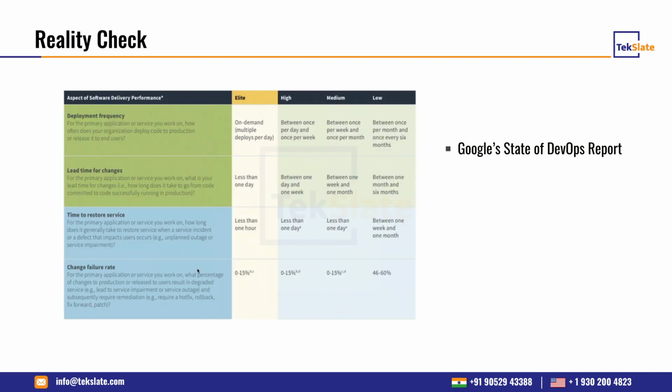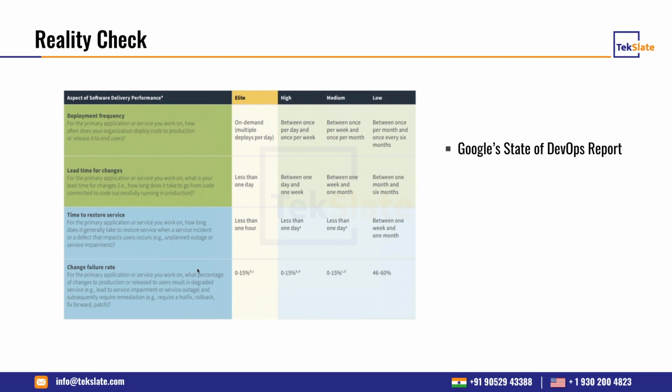There is a reality check, a very important Google State of DevOps report, which happens every year, also called DORA, where they measure a company's DevOps success on 4 KPIs: deployment frequency, lead time, time to restore, and change failure rate. We can go into detail in the classes, but for demo purposes, you can see there are 4 categories: elite, high, medium, and low.